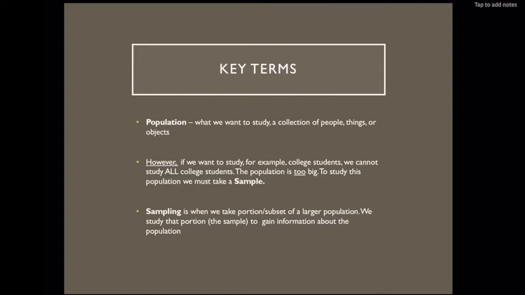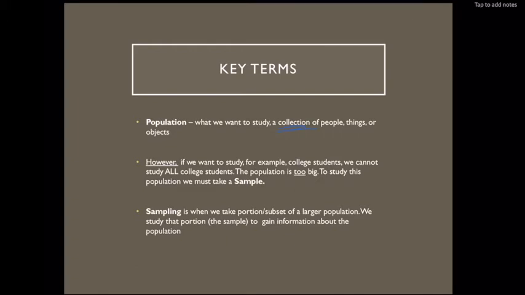So sometimes your collection of people or things is too big to study. And so for that, what we want to do is we want to take a sample. So sampling is when we take a portion or subset of a larger population.